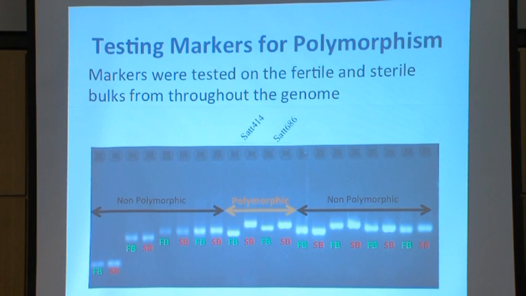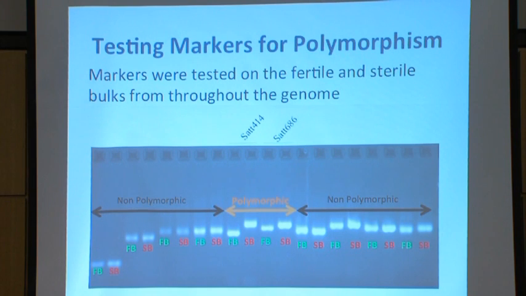So the basis behind this approach is that you look at the markers from throughout the soybean genome. Markers are something which we use to map a gene in relation to. So some DNA-based markers we use to map a gene on the chromosome.